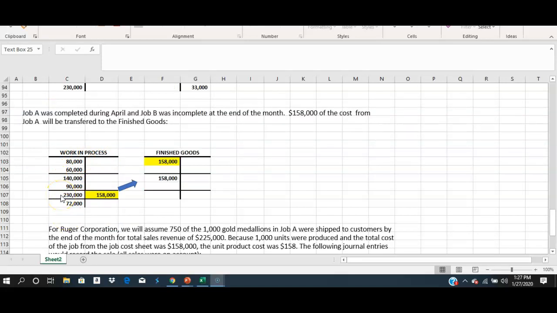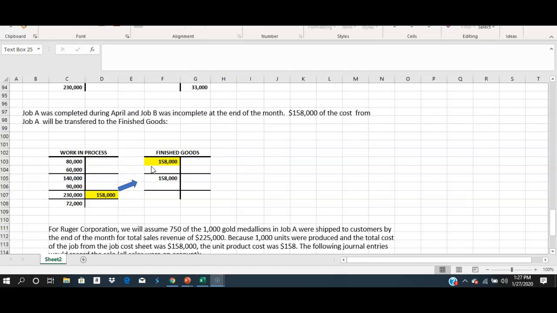$230,000. Because job A is now complete, we're going to take $158,000 of the cost from work in process, put it on the right-hand side, meaning the decrease side. We're going to put it on the left-hand side of the finished goods inventory account, which is the increase side for finished goods.